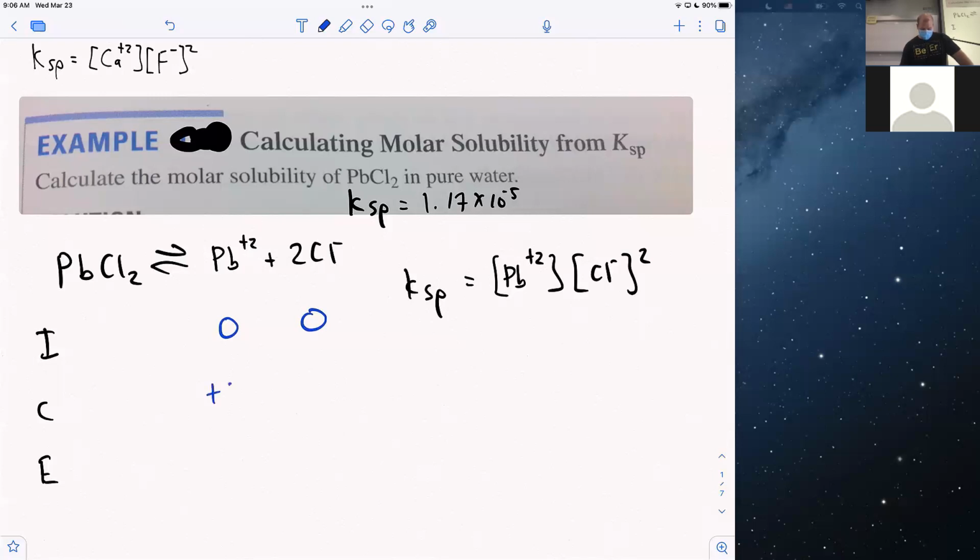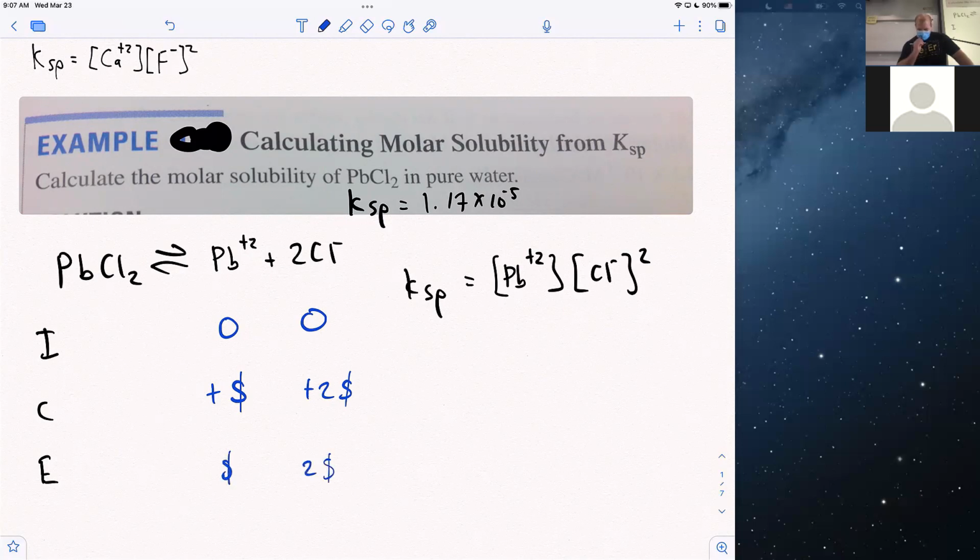Normally we would write plus x, plus 2x, but the textbook uses an S, and my S looks like a 5, so I usually use a $ sign. That's just me, so I can make sure that it's not a 5 and it's really an S. So equilibrium is then solubility and 2 times solubility.